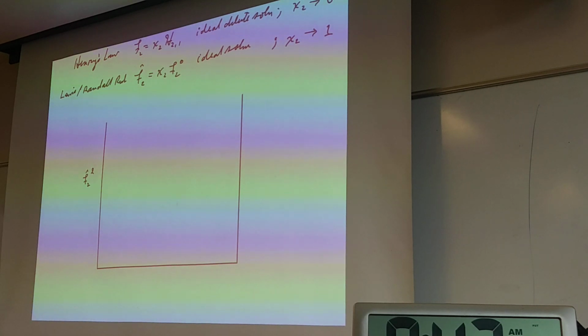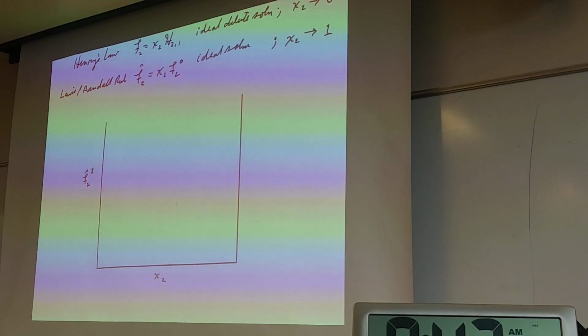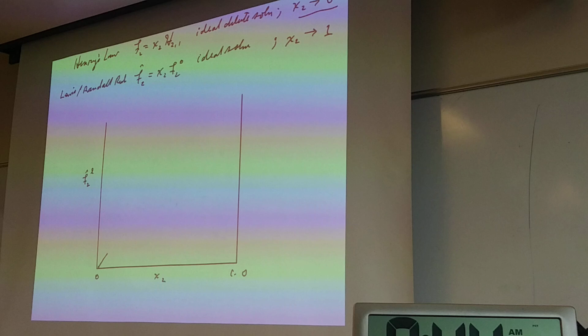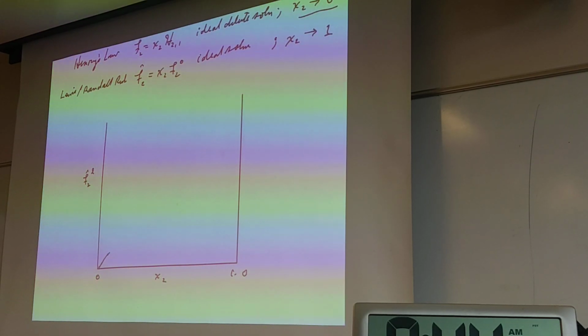I'll plot the fugacity against the mole fraction running from 0 to 1. If I have Henry's law holding, that's going to hold at these very low concentrations as x2 goes to 0. Then I'm going to have a straight line that looks like this, but it will start to deviate away.